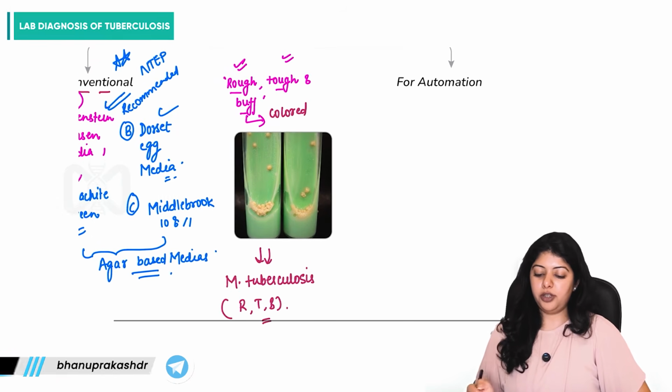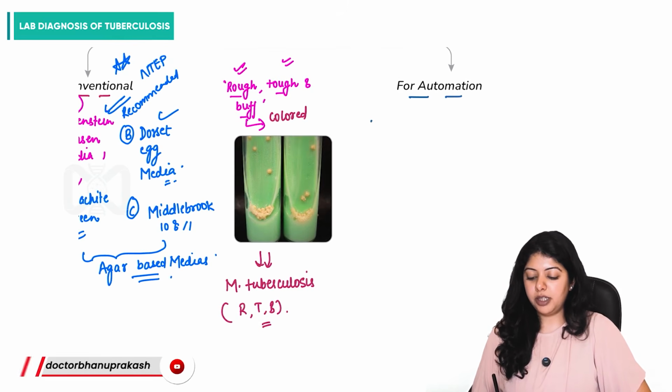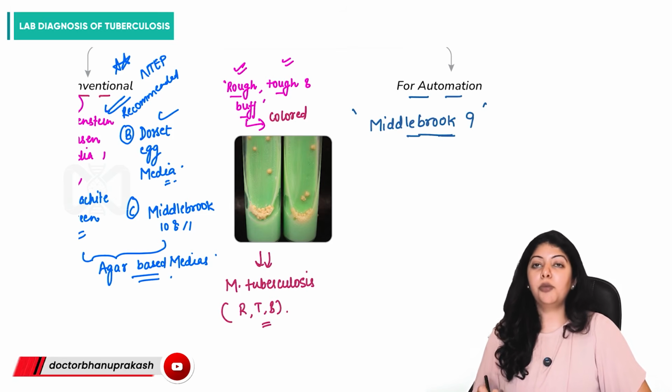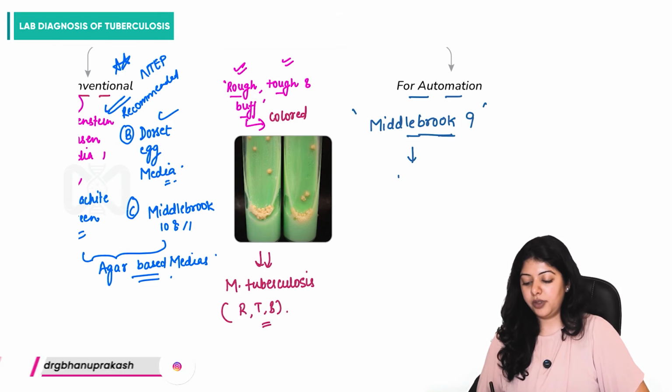So for automation, what culture media do we use? It is the Middlebrook 7H9, which is the most common, most recommended and mostly used in automated cultures. So it is liquid broth.